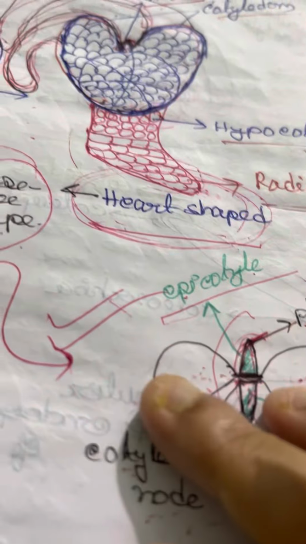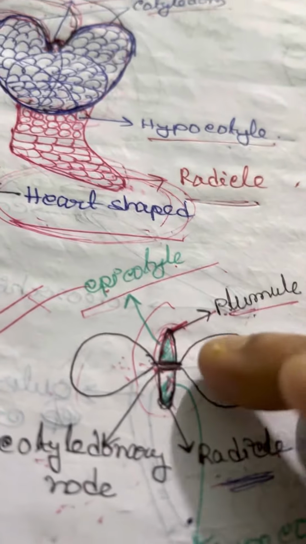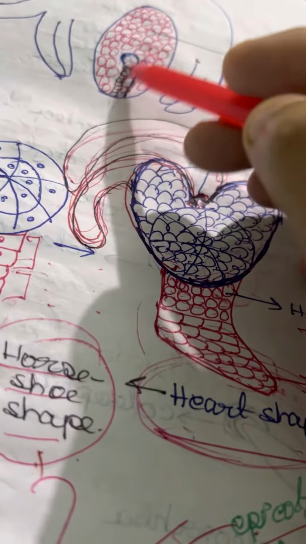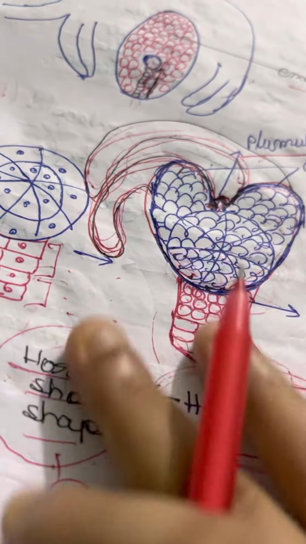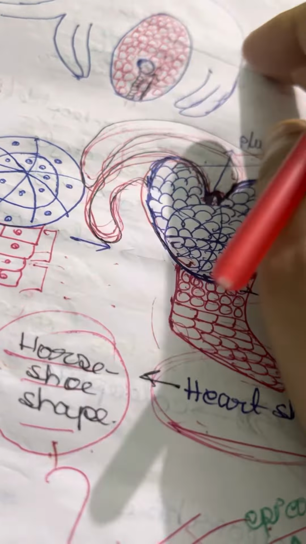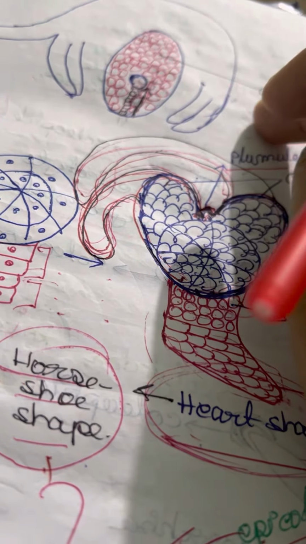And the cotyledon: the endosperm will store nutrients in the cotyledon. When the endosperm is totally used up, some part of the endosperm deposits its nutrition in the cotyledonary part.